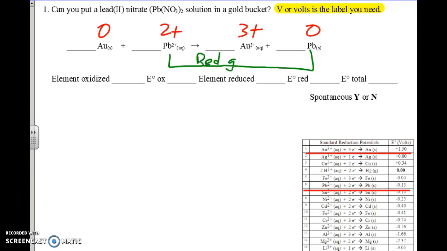Reduced, and that's a gain of 2 electrons. This one is oxidized, lose 3 electrons, and so that's where we are.